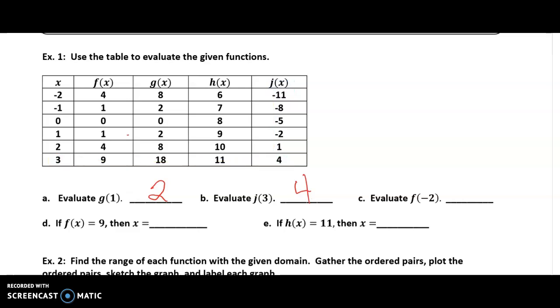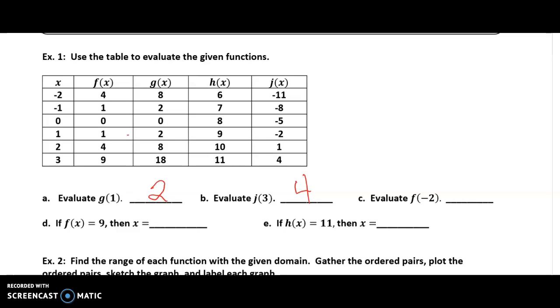So now let's take a look at part D, where it's asking a little bit of a different question. It says if f of x equals 9, then x equals blank. Again, we have to remember that the x values are our input and the output values are represented by the function notation.